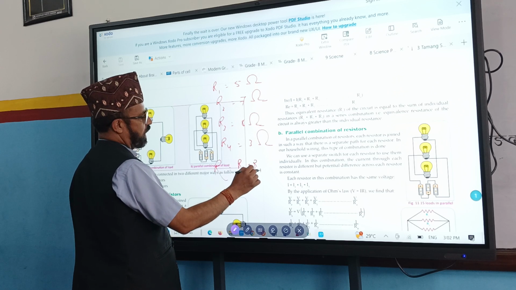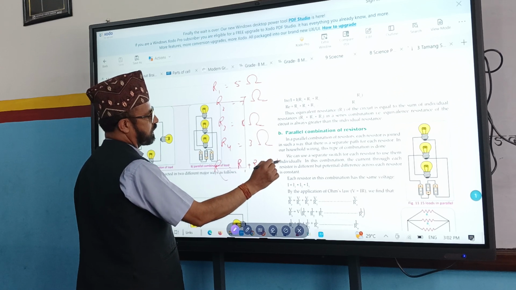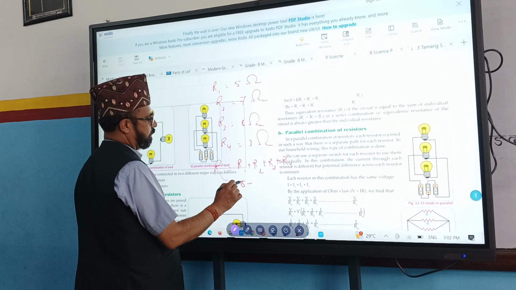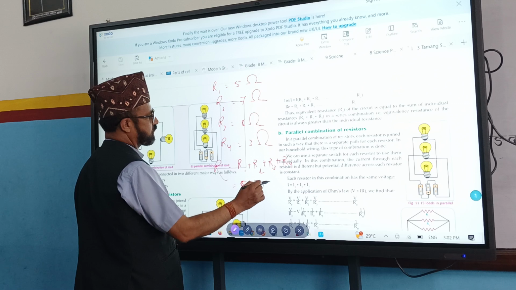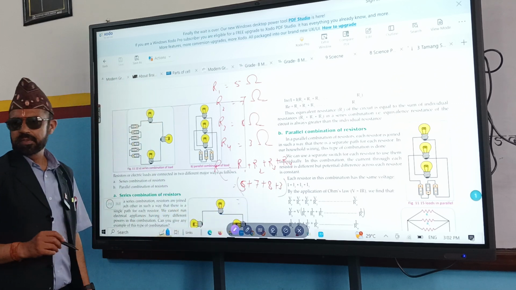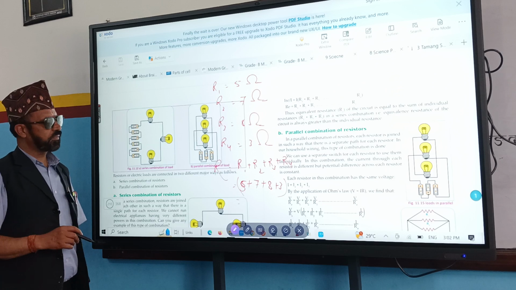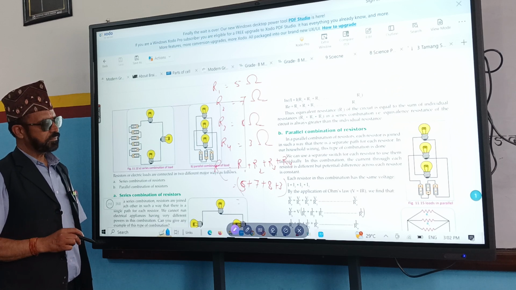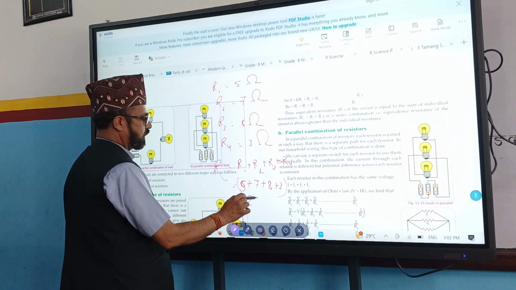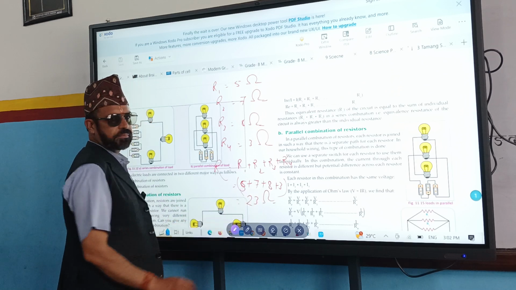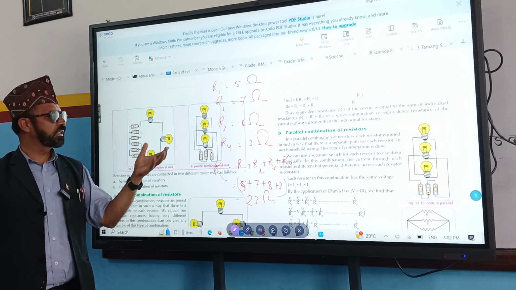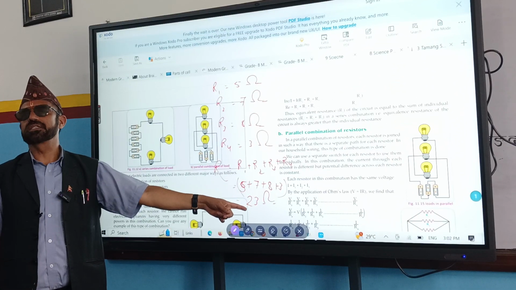R1 plus R2 plus R3 plus R4. 5 plus 7 plus 8 plus 3. How much does it come? 23. That means if the loads are connected in series, the total resistance increases.